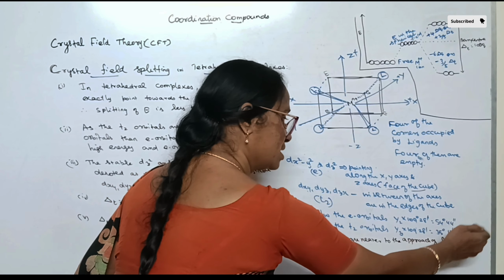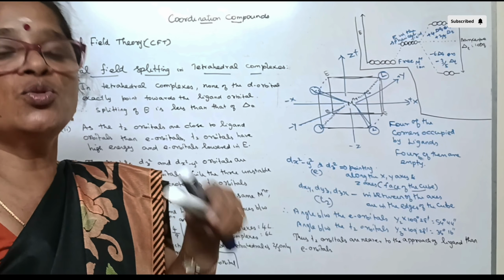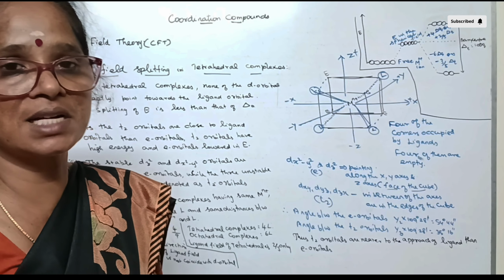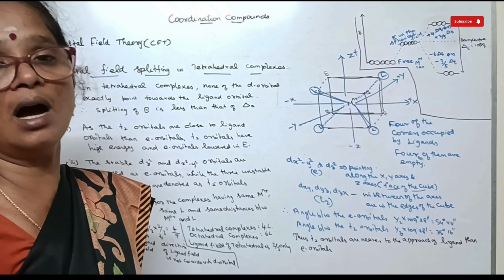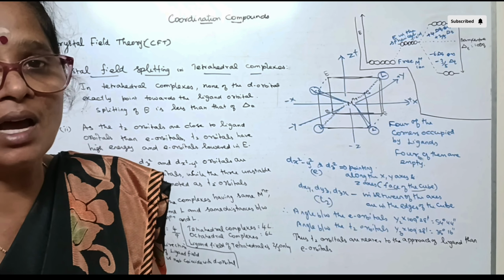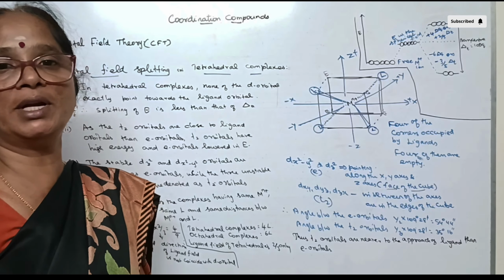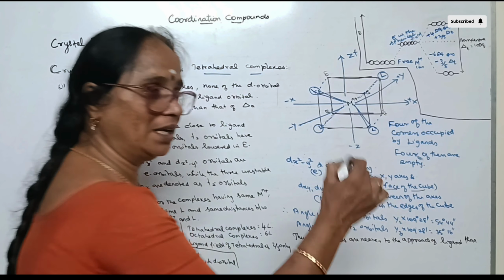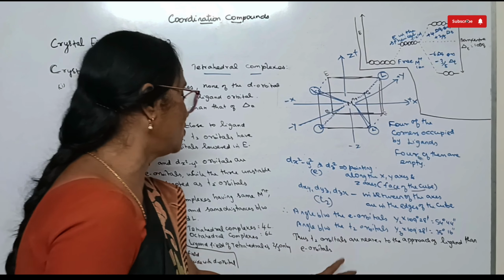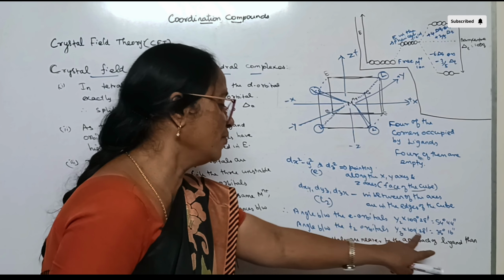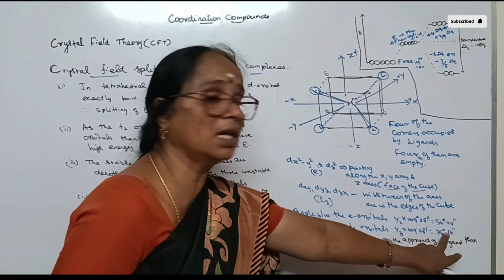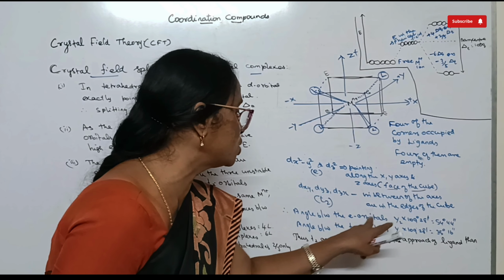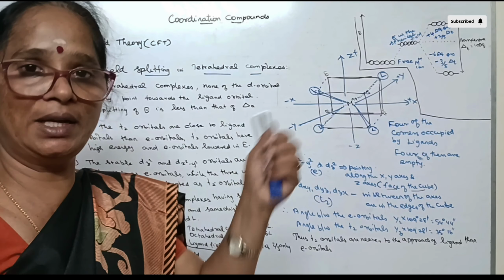This calculation helps us to find the orientation or the interaction of the p orbital of the ligand and the d orbital of the metal ion. So by comparing the angle between the metal and the ligand, we find the T2 orbitals with the metal ion have the lowest angle compared to the E orbital with the metal ion.